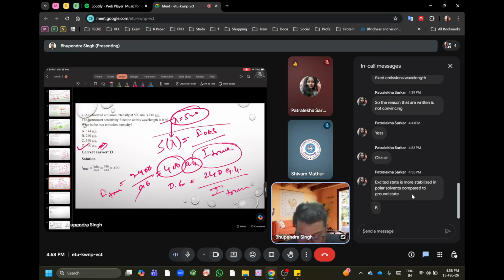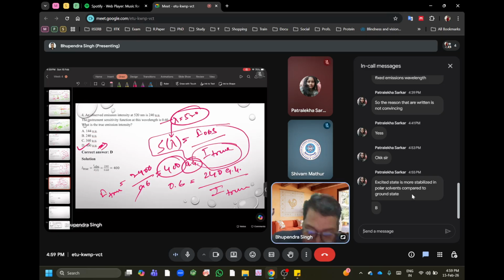So you know about this formula. True means the actual, but whatever you are observing will definitely be lower than the actual intensity because of the non-ideal behavior of the monochromator, detector, or the light intensity. That is why the sensitivity function comes into the picture.